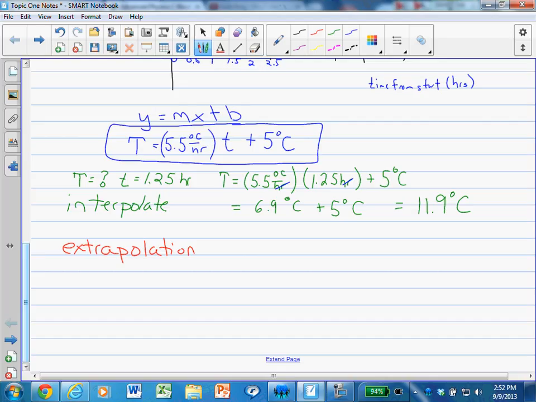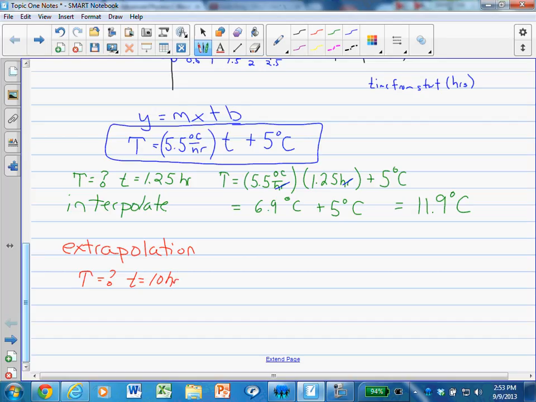So what's a time beyond what we have here? Spencer? 10 hours. Okay. So we could use our model to see what our temperature would be. Our model is what's telling us the temperature, which doesn't mean that our model is right out there, right? At a time equal to 10 hours.